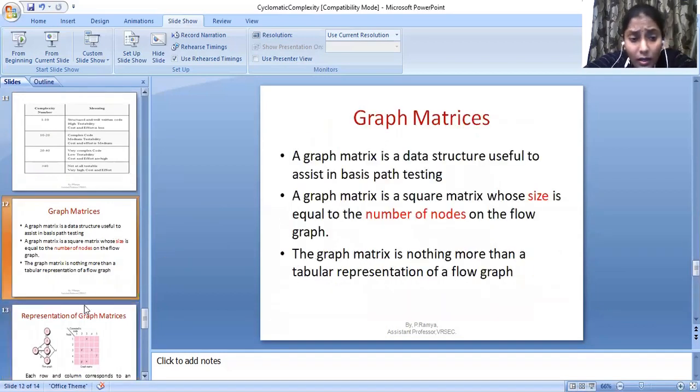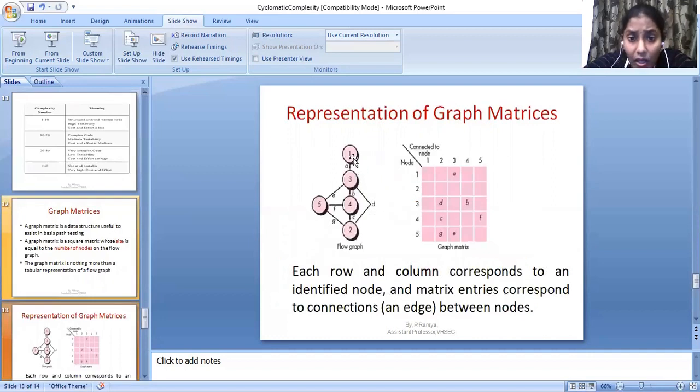If you see, a flow graph and a graph matrix are almost similar, but the flow graph has circles and links, while this is in tabular form. That's it. A graph matrix is almost a tabular representation of your flow graph.